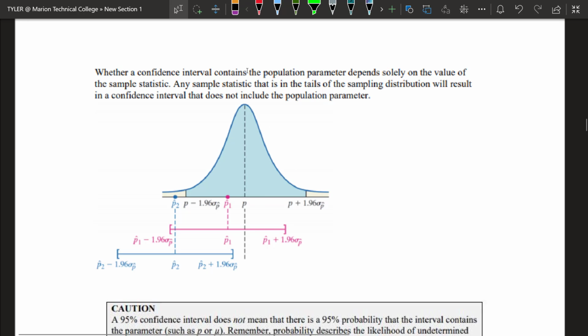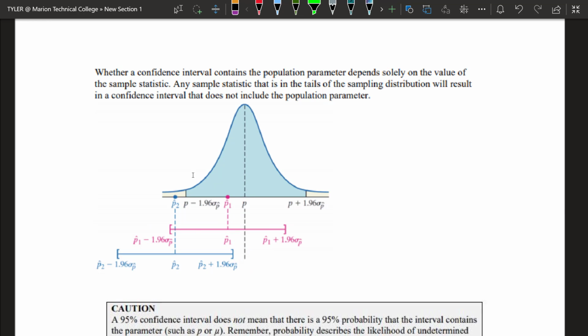Right in the center is going to be my P value, my mean of the p hat distribution, right? And then if I pick p hat sub 1, which is this value in pink, then this part is showing the confidence interval, so it's going to be wide enough to include your P value, right?